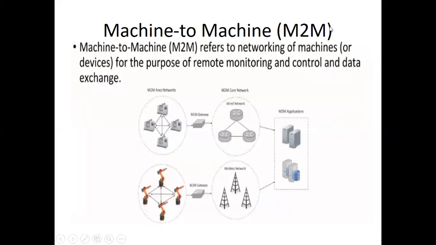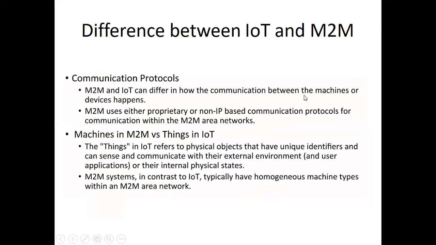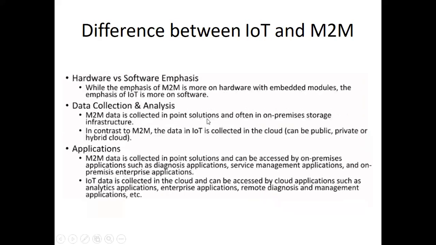Here you can see all machines are of the same type. So in machine to machine communication, all machines are of the same type. And in case of IoT, things mean physical objects that have a unique identity and are able to sense and communicate with their external environment. So there is a difference between machines and things.